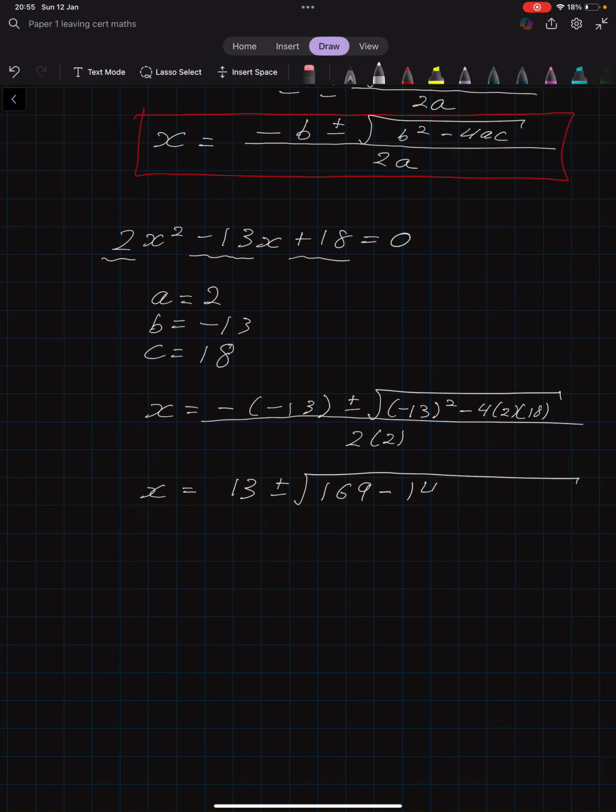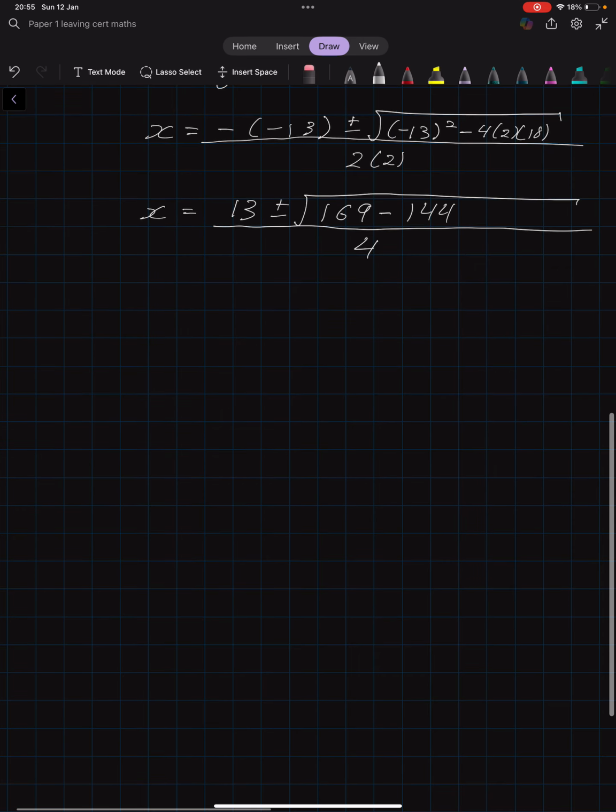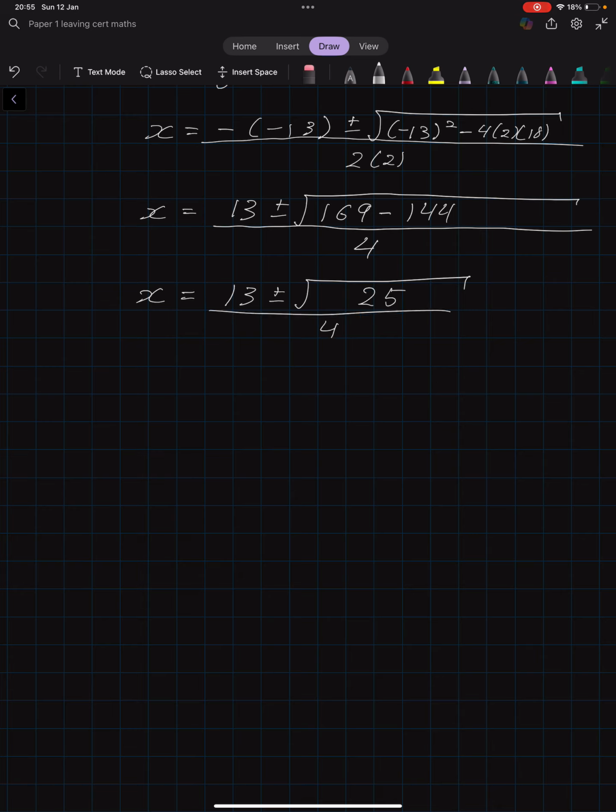Alright, so here we get x equals 13 plus or minus the square root of 169 minus 144, sorry, is 25, over 4, so you get x equals 13 plus or minus 5 over 4.